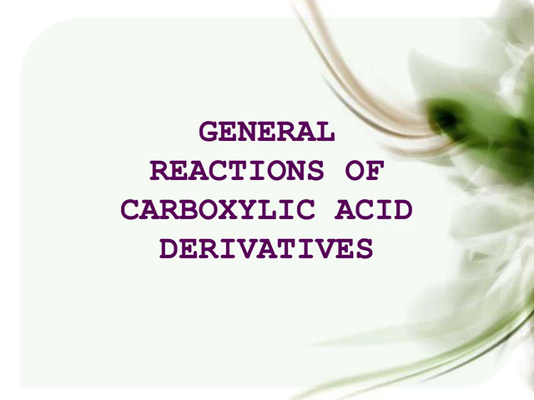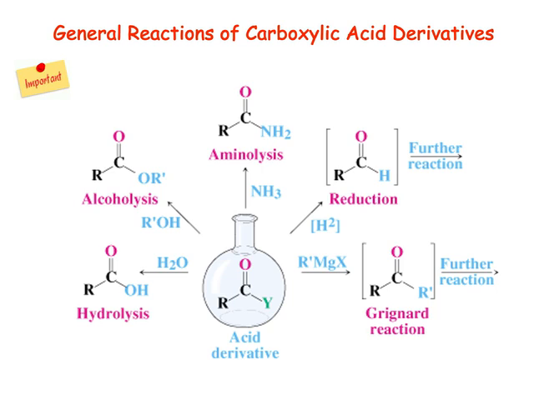The next subtopic is reactions of carboxylic acid derivatives. This is just a general reaction; after this we focus in more detail on the reactions of every carboxylic derivative. If you can see, acid derivatives use different reagents, giving different reactions and products. It depends on the reaction and reagent.